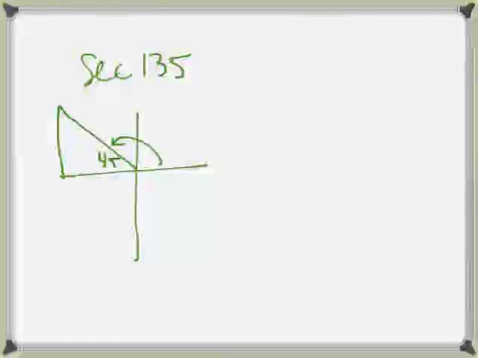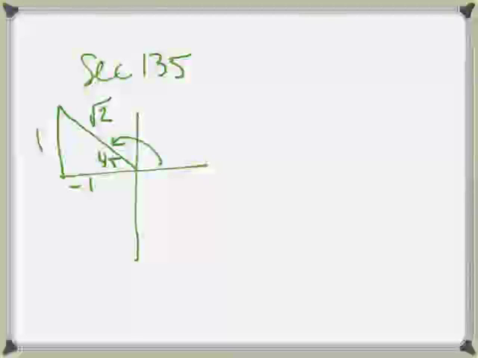Sides of the 45, 45, 90 are 1, 1, and square root of 2. So anything need to be negative here? The horizontal one is left, so it needs to be negative. The vertical one is up, so that's positive.